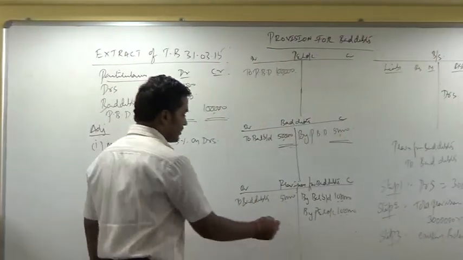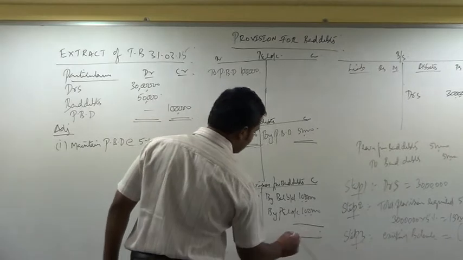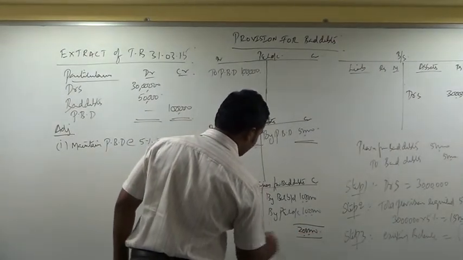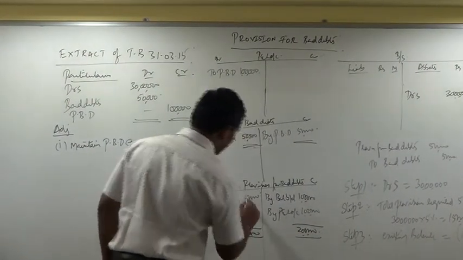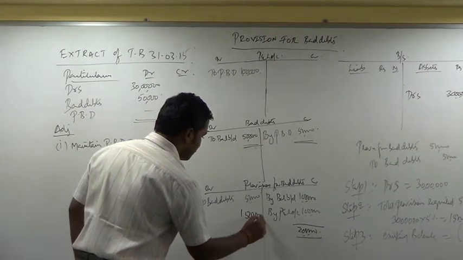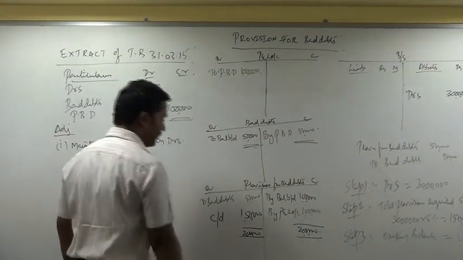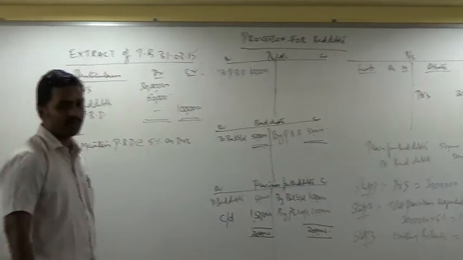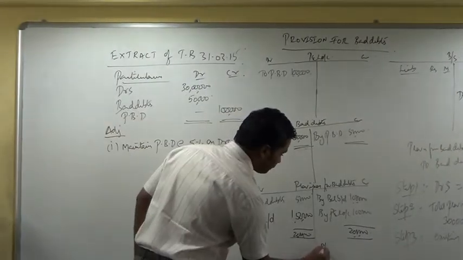Now balance the provision for bad debts account. 2 lakhs minus 50,000. There is a closing balance of 1,50,000 carried down, 1,50,000 brought down.